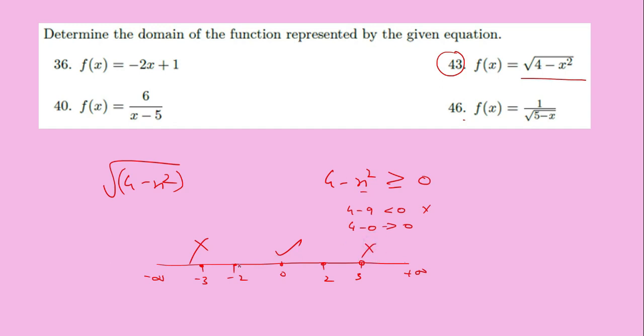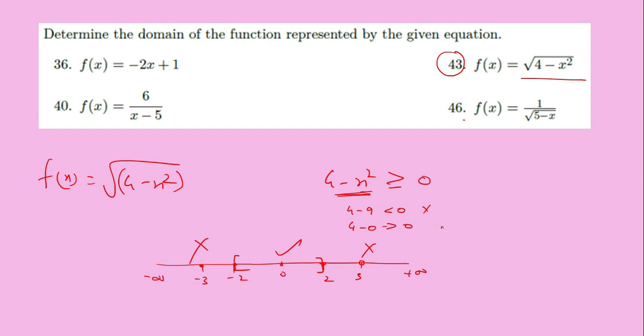The question is, can we include the boundary points 2 and negative 2? Yes, because this is a square root in the numerator, and f of x has only a numerator. So 2 or negative 2 makes this term just 0, and 0 is allowed.